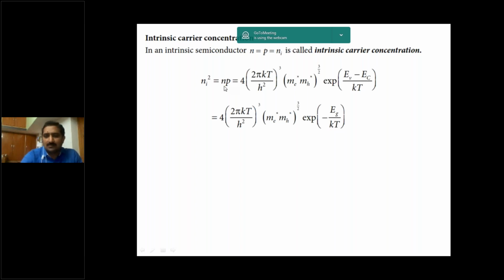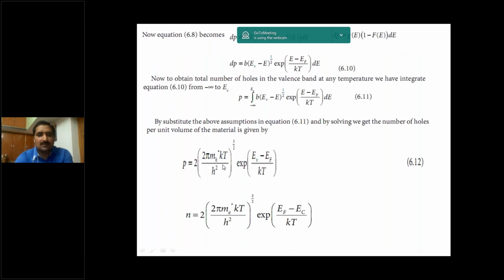We know the N value from the previous slide. N is 2 into (2 pi me star kt by h square) whole power 3 by 2 exponential of (Ef minus Ec) by kt. P means 2 into (2 pi mh star kt by h square) whole power 3 by 2 exponential of (Ev minus Ef) by kt. By taking the product of these two, we get Ni square.